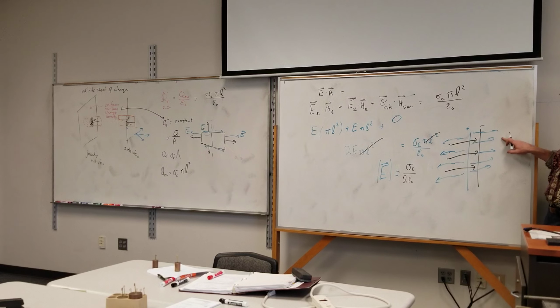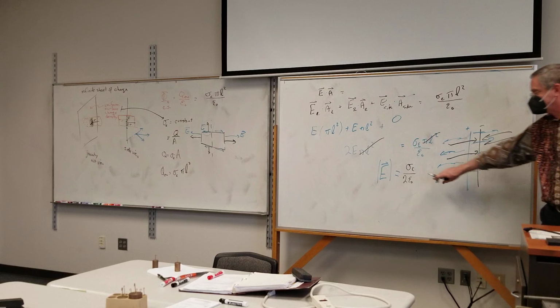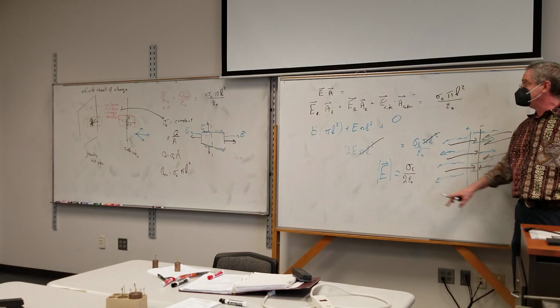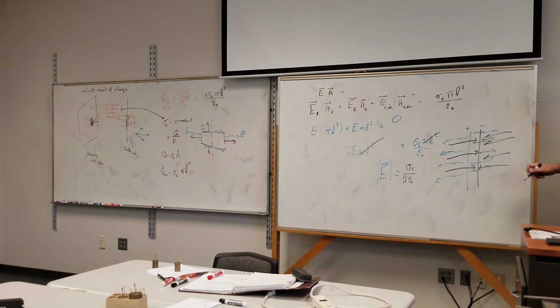Which way is it here because of the negative plate? To the left. Because the electric field goes away from positive towards negative. So how far I am away from the plate doesn't matter because the distance is gone. R never showed up.